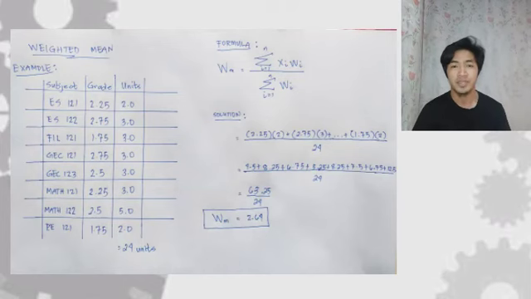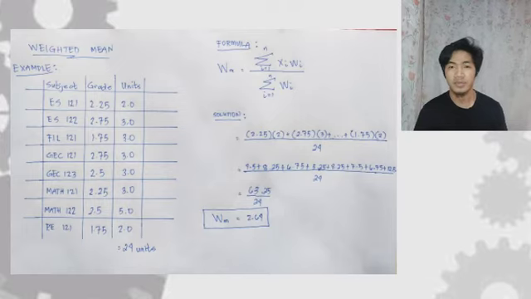Example of weighted mean is shown. So paano natin nag-came up yung answer natin sa weighted mean? Ang ginawa lang natin dito is yung grade at saka unit natin. Units is i-times natin. So 2.25 times 2 and 2.75 times 3 and so on.